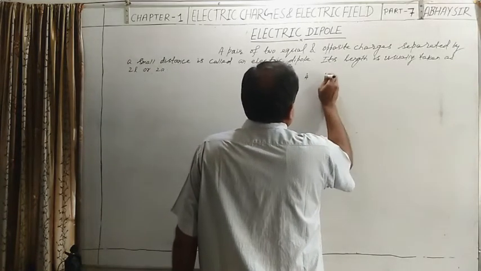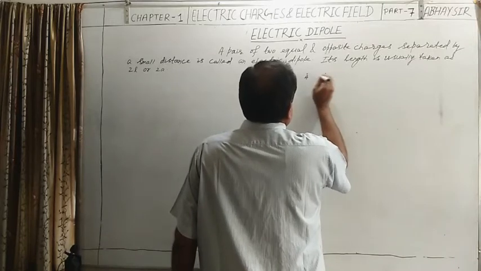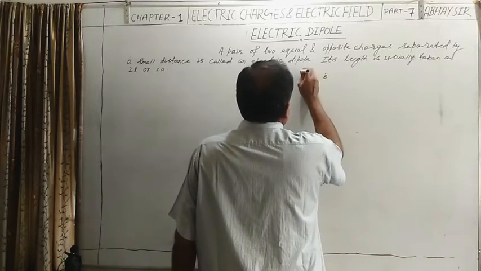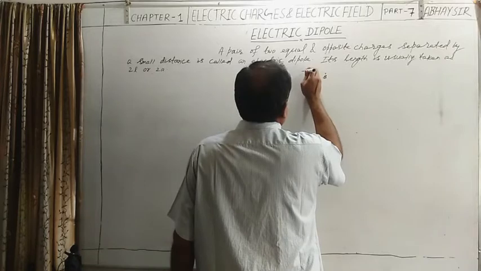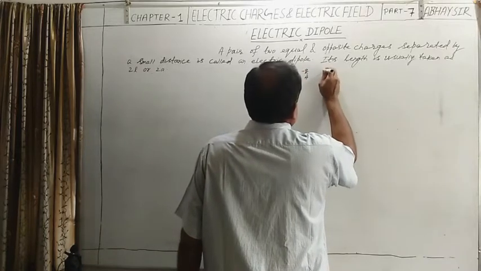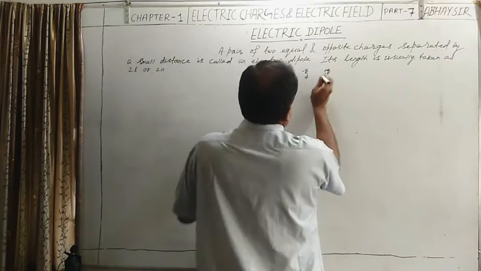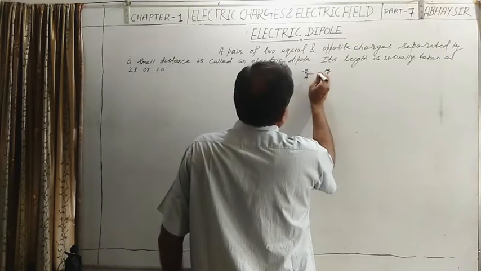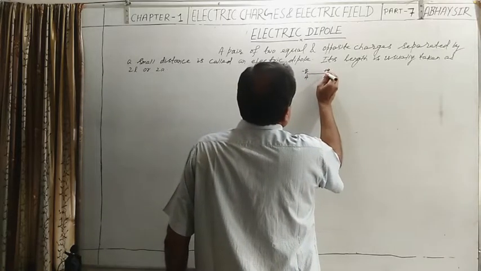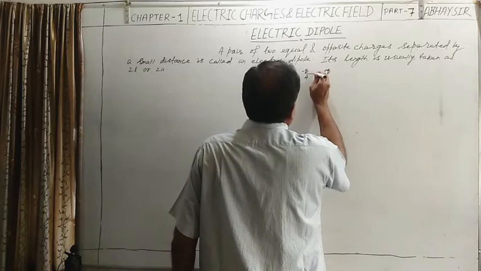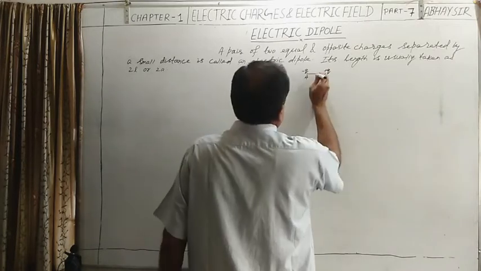Another charge plus q is kept at point B and minus q is kept at point A. The separation between the two charges is usually taken as 2l or 2a.